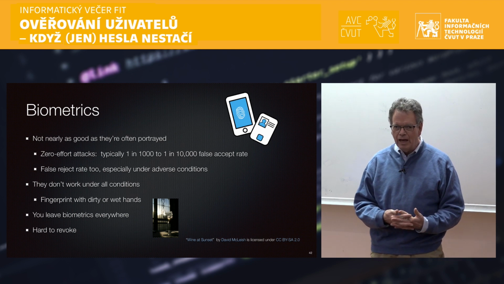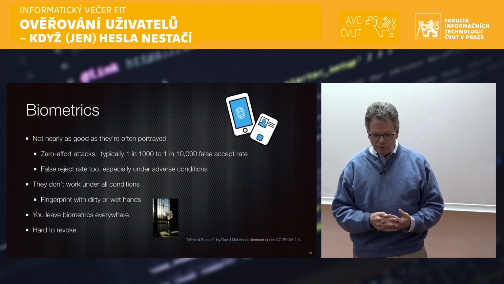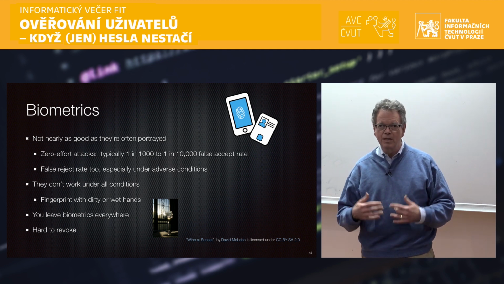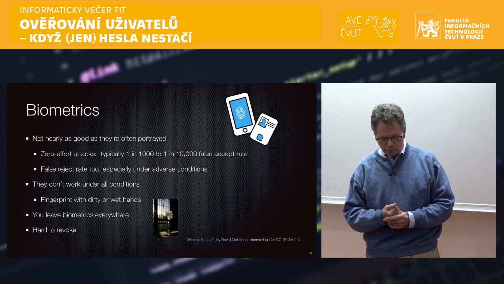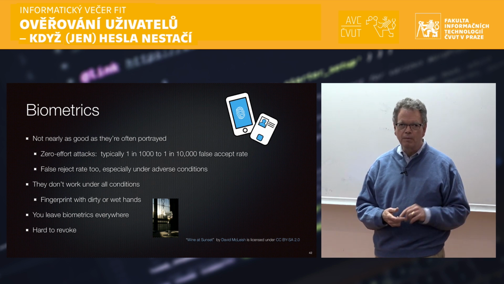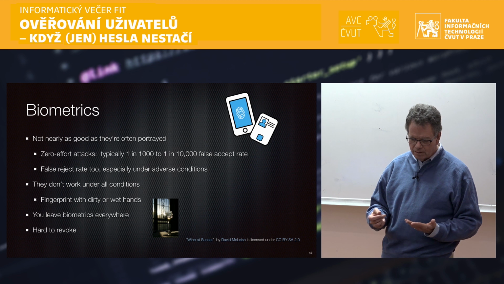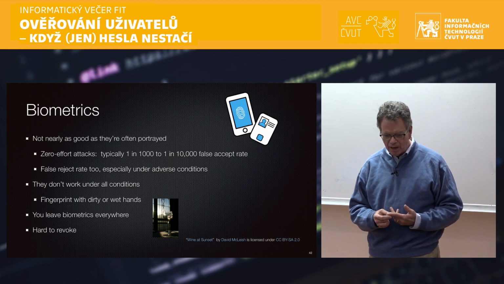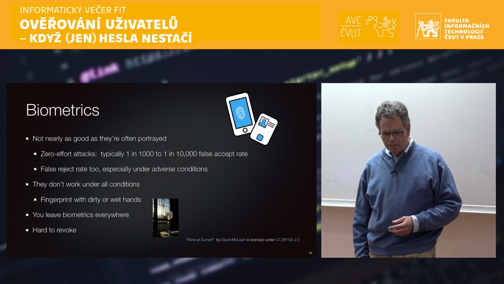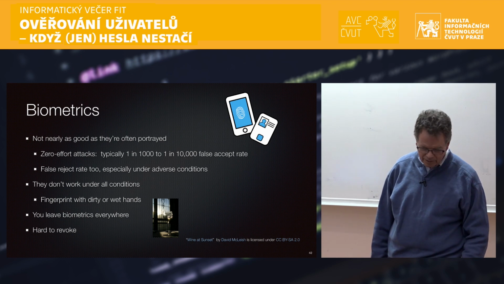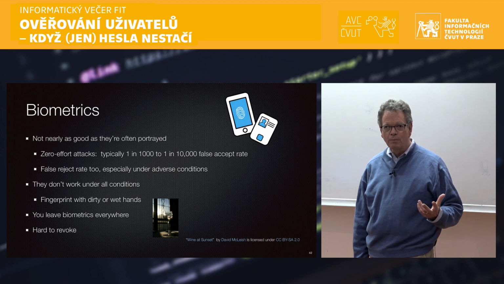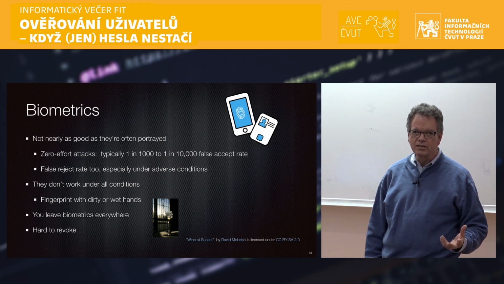Well, the difficulty that we have is that biometrics are not as good as everybody thinks from a performance standpoint. I mean, they do the right things generally, but the accuracy of a biometric measurement is not as good. We've had to specify that if some random person comes up to your biometric sensor and gives their fingerprint or iris or whatever, the standard we've had to adopt is that it has a 1 in 1,000 chance of succeeding.